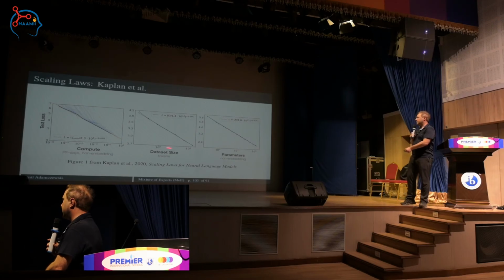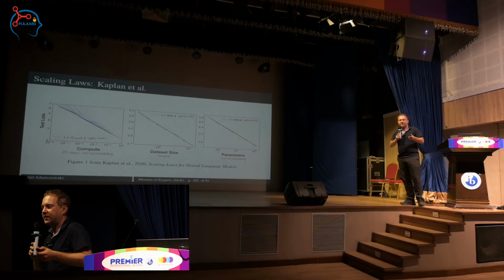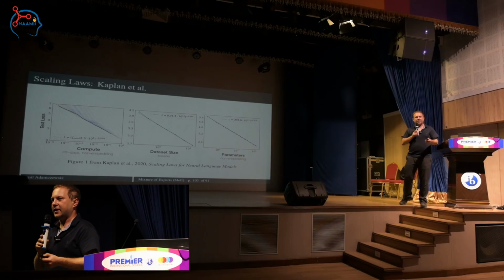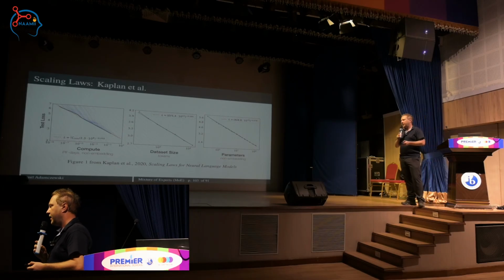So as you can see, if we increase the token size, this is the test loss, and this is the token size. This is the test loss, and this is the parameter size. This is the training data set. This is the size of the model. If the size of the model increases on an exponential axis, and here this is also exponential or log, you can say, then we will have a linear relationship. This basically shows that as we increase the number of parameters, or as we increase the training data set, our model will get better.